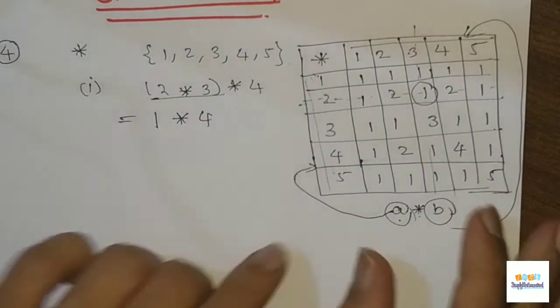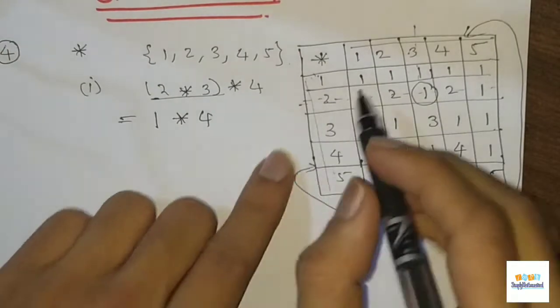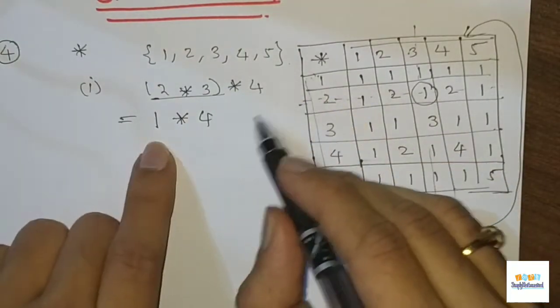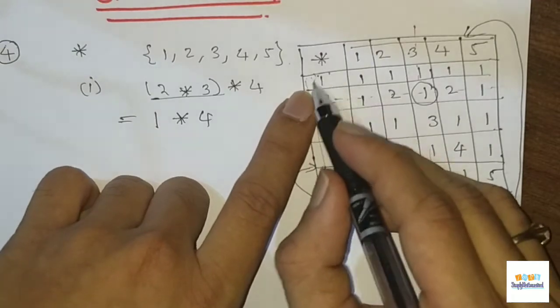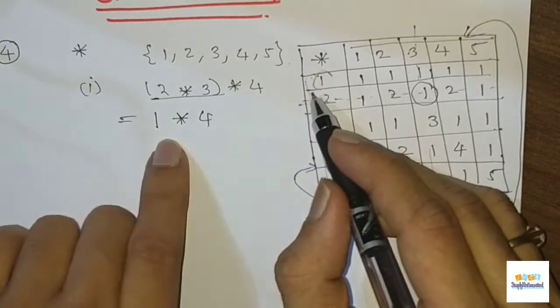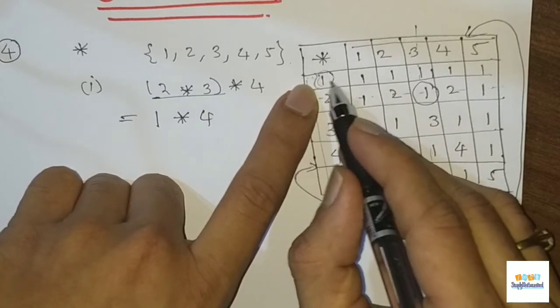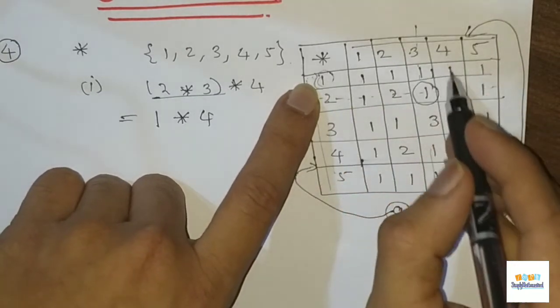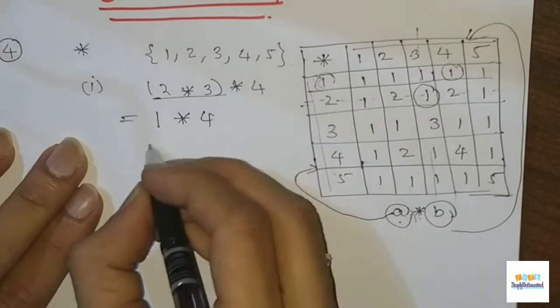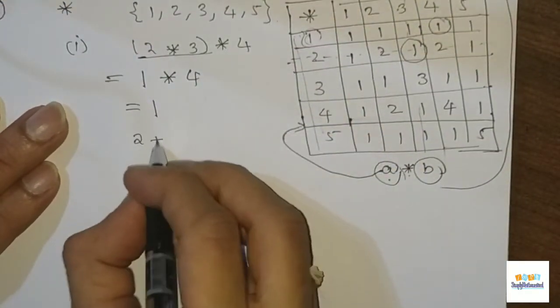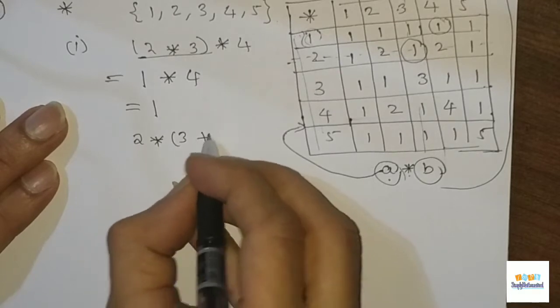Now how will you calculate this? You look at this 1 on the left hand side, so you look at the elements from this column, and that is 1 you have here. So 1 star 4 will be what? 1 is this row, 4 is this column, so you will get 1 here. Now the second part of the first problem is 2 star (3 star 4).